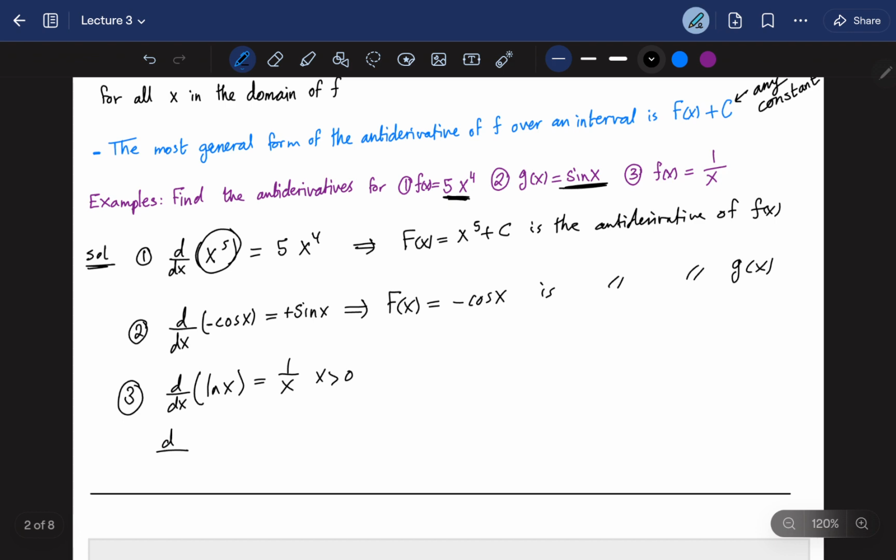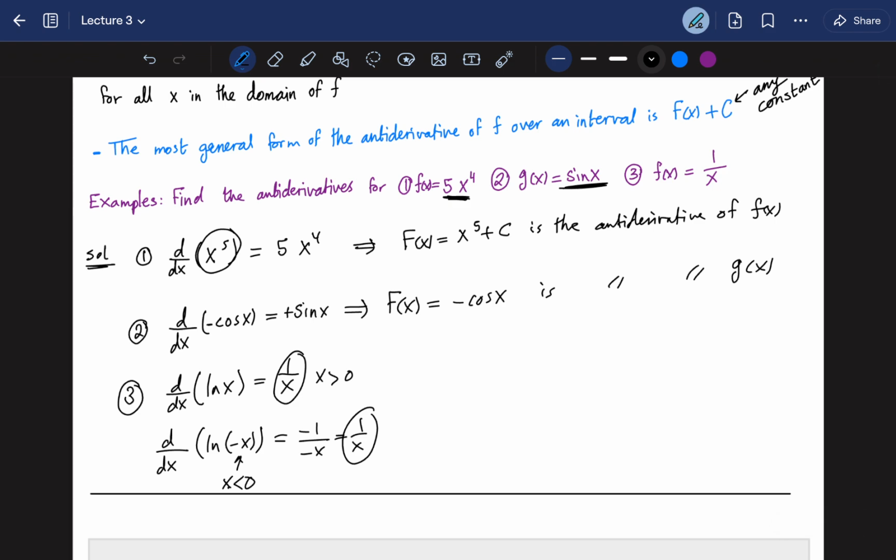But how about if I take the derivative of ln of negative x, where x is less than 0, which means it's possible to plug in a negative inside of your ln here, because x is negative, so negative times a negative, that's a positive, so we don't have any problems here. And if you find the derivative, this is just negative 1 over negative x, which is 1 over x, which means I have two values that give me my function f.